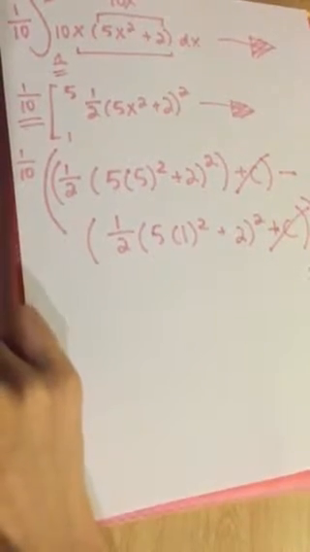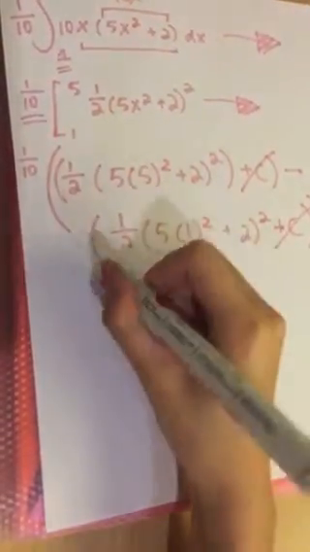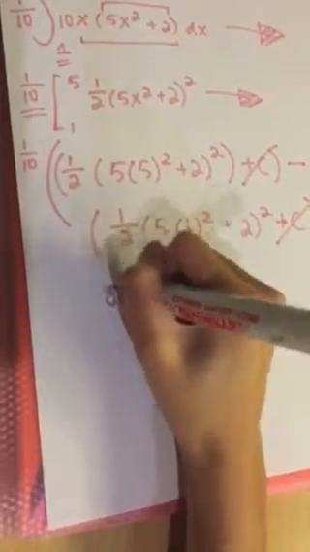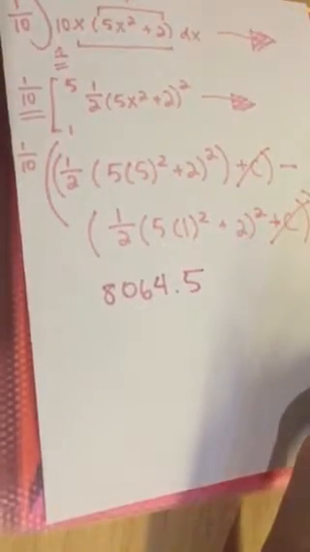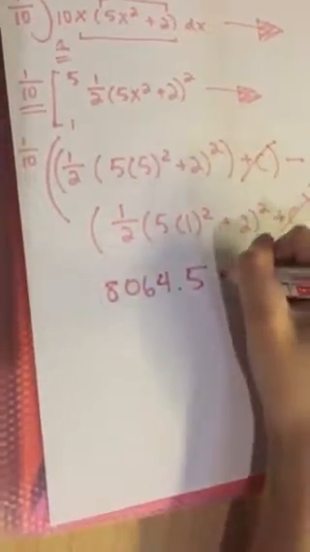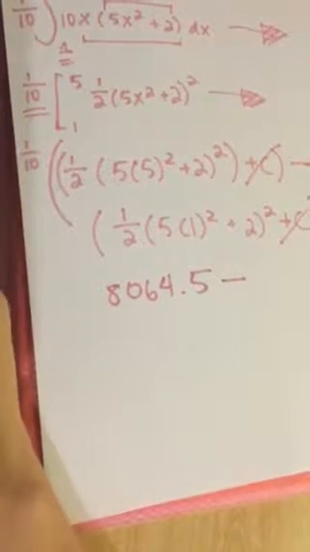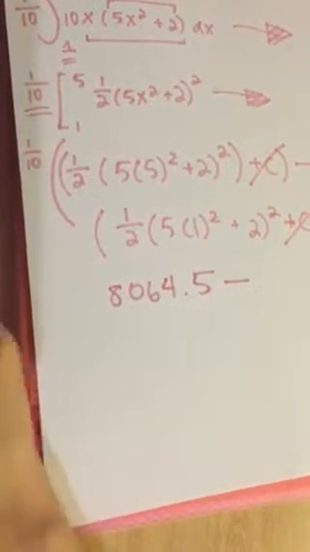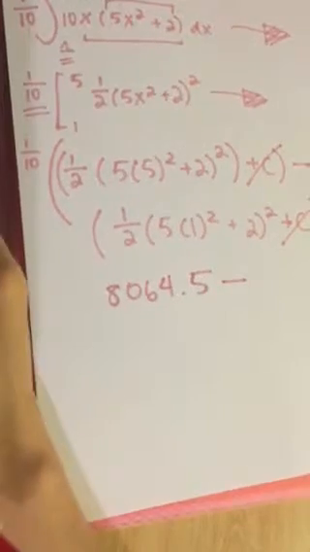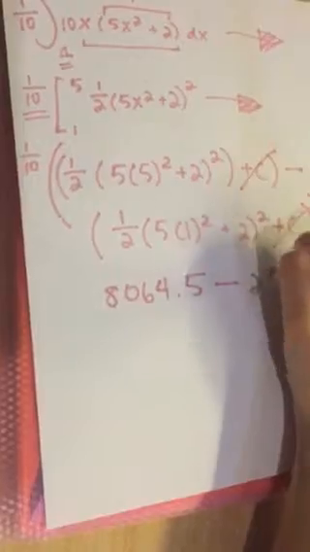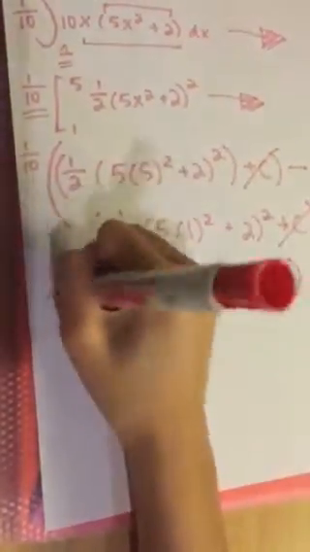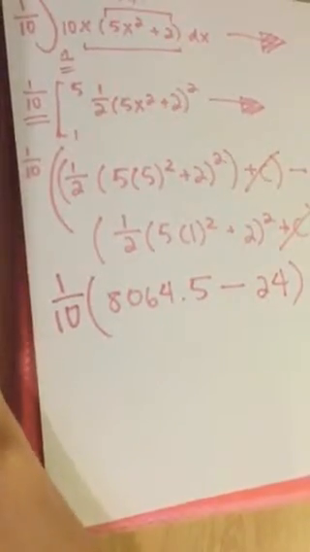So I can get the first part, which is 8064.5 minus 24, and of course we need to divide it by 10 or multiply it by 1 over 10.